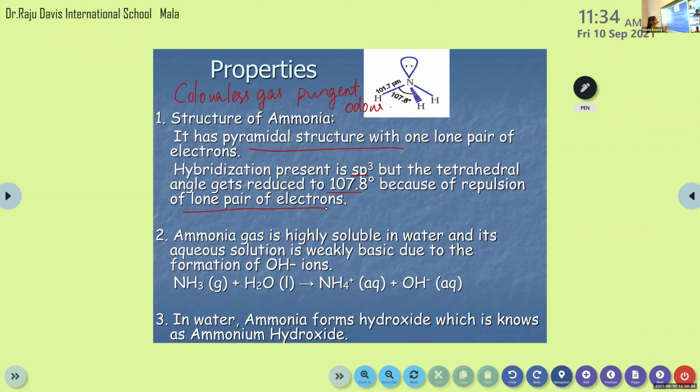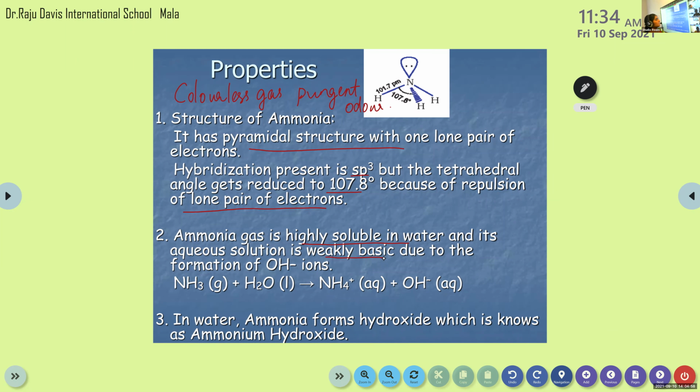And this ammonia gas is highly soluble in water and its aqueous solution is weakly basic due to the formation of OH minus ions. Aqueous solution means ammonia reacts with water and ammonium hydroxide is formed, right? It's weakly basic. We have learned different types of acids and bases, right?